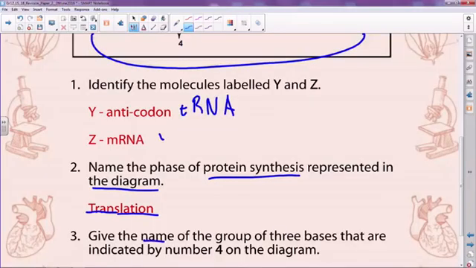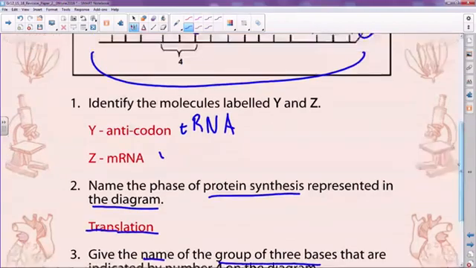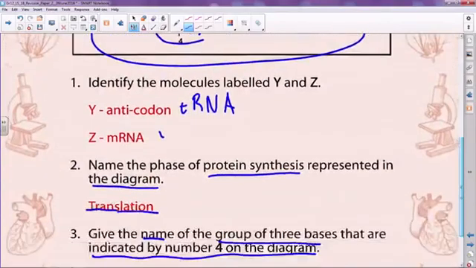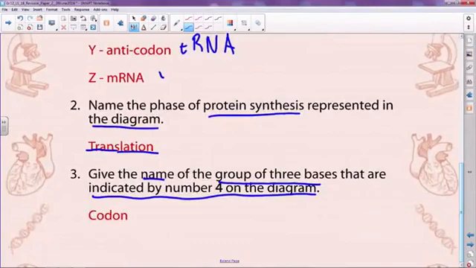Give the name of the group of 3 bases indicated by number 4 on the diagram. If that one's the anticodon, this one is the codon.